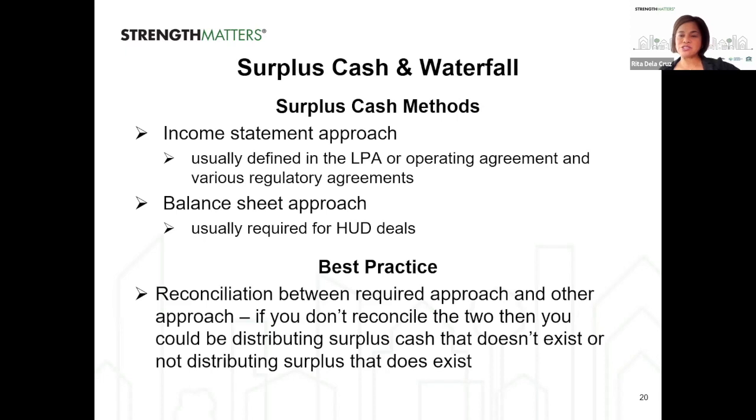So if you have cash earmarked to pay your developer fee, cash earmarked to purchase fixed assets, or anything else that is earmarked for other purpose, make sure that you take them out of operating cash. Because when you do your surplus cash calculation for HUD, whatever is in the operating cash account, that's the amount that's available. And Gail's going to show you a sample calculation in the next slide.